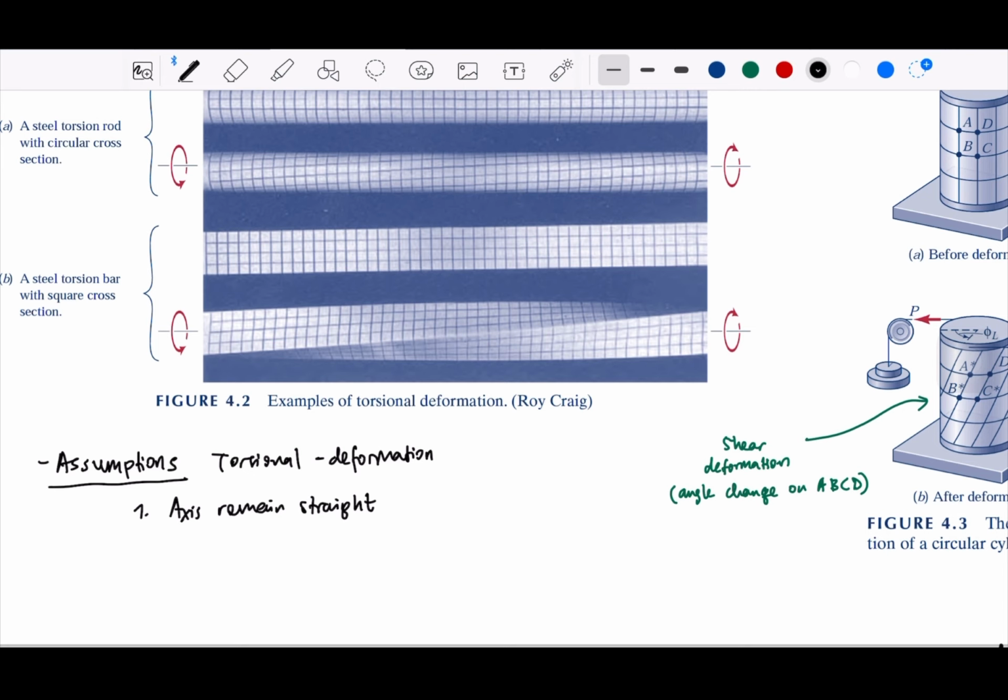So the core axis is still on the same line, and it remains inextensible. So it's not going to increase. The axis is still straight.